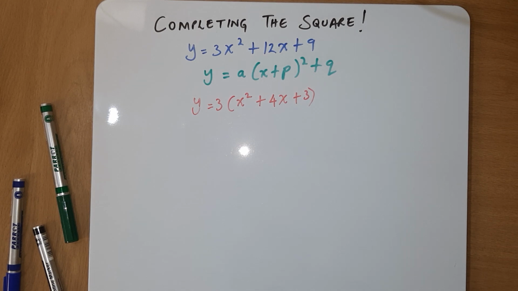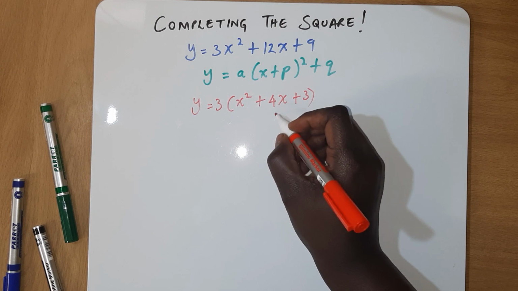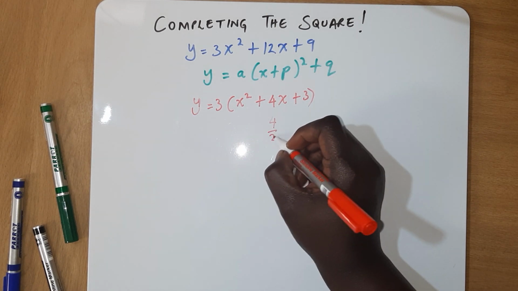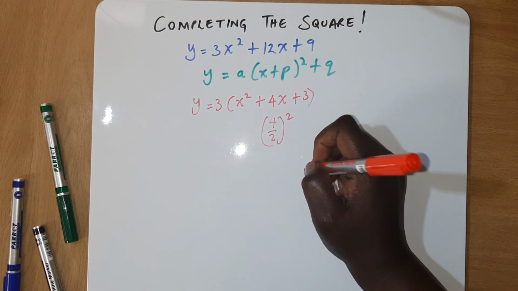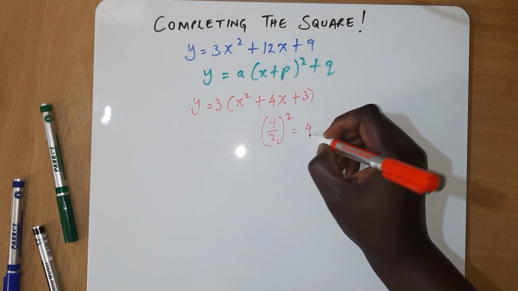So now to complete the square, we look at the coefficient b, half it and square it. Then we add that and subtract it again so that we don't change the value of this equation. So in this case, it would be our 4 divided by 2 squared, which is indeed 4.